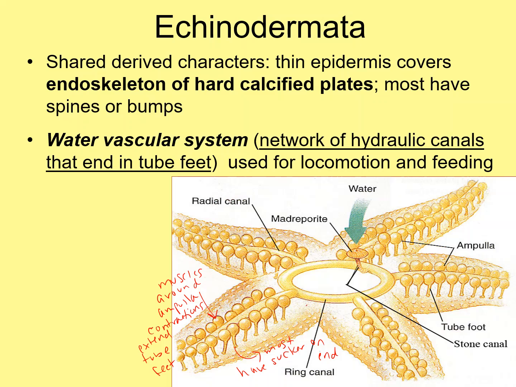And that sort of keeps their system charged. And then just under their dermis, they have hard calcified plates that form an endoskeleton. Now these can be compacted together, or they can be spread out.